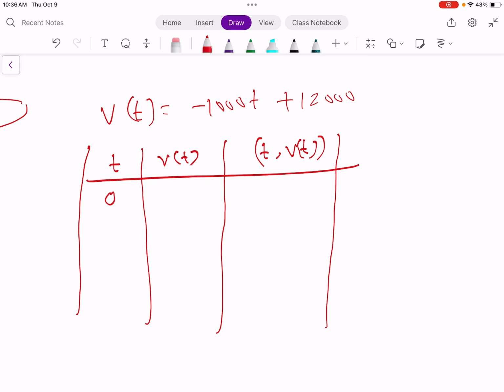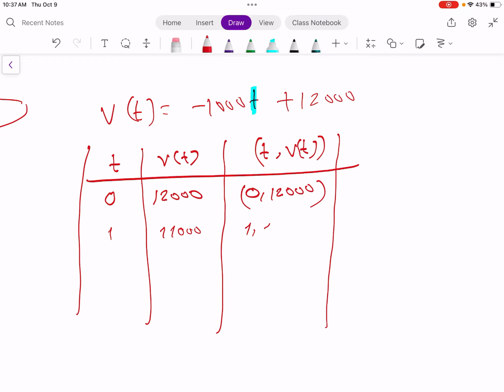So when our T is 0, let's find V of T. You replace T by 0, we get 12,000. So (0, 12,000) is one point. Now let's take another T. If T is 1, then it's 11,000.